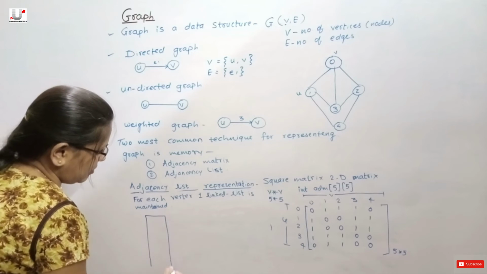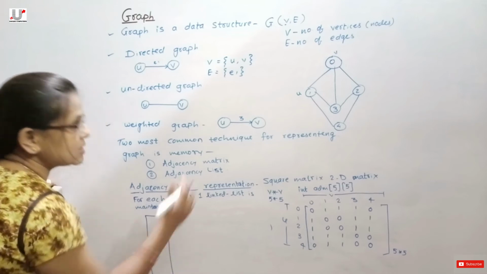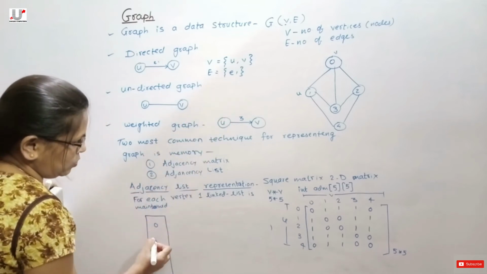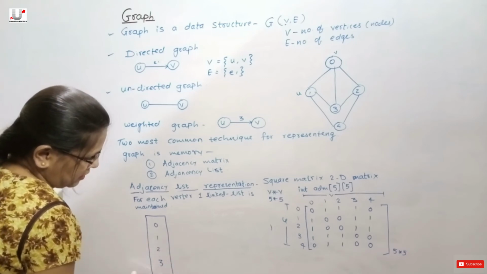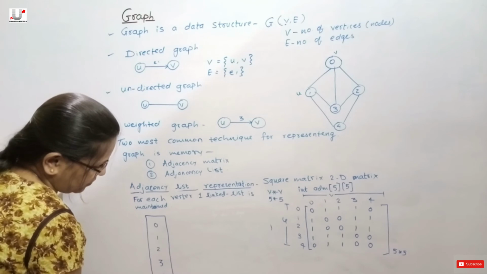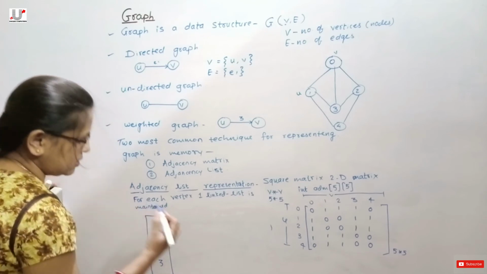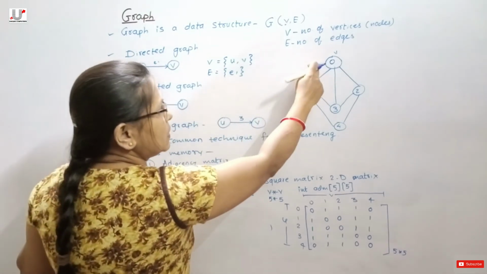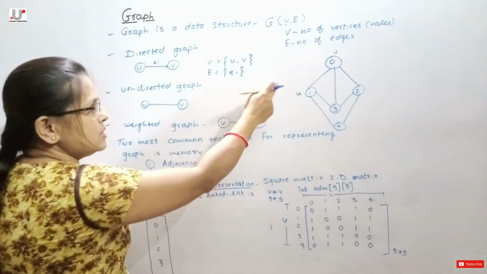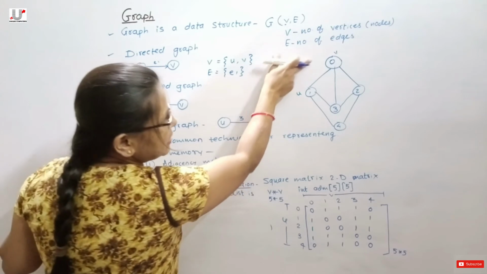As there are 5 vertices, 0, 1, 2, 3 and 4, 5 separate linked lists are there.